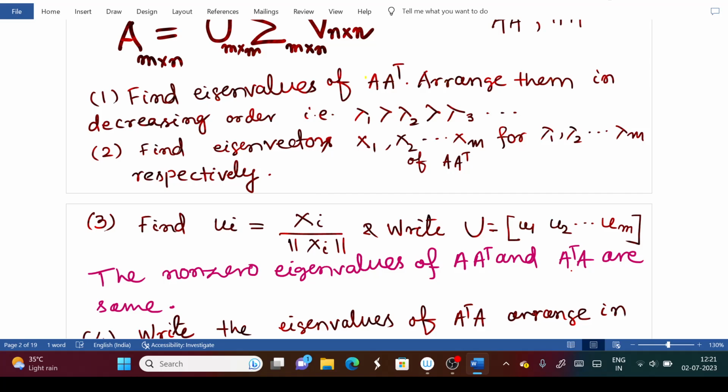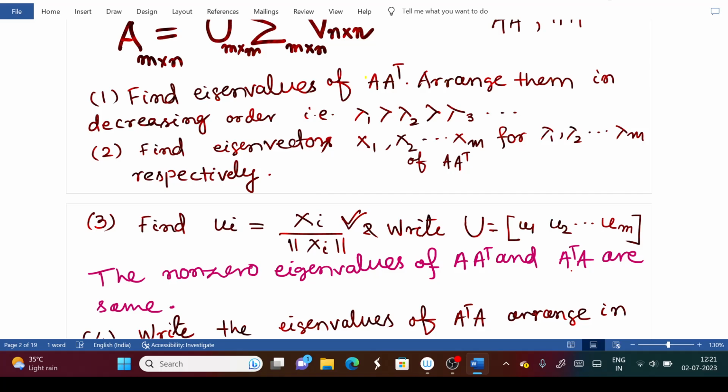From there we write the orthogonal matrix U, with U1, U2 and so on as columns. The first vector corresponds to the largest eigenvalue, the second to the second largest eigenvalue, and likewise we arrange the vectors. Then we have our U.